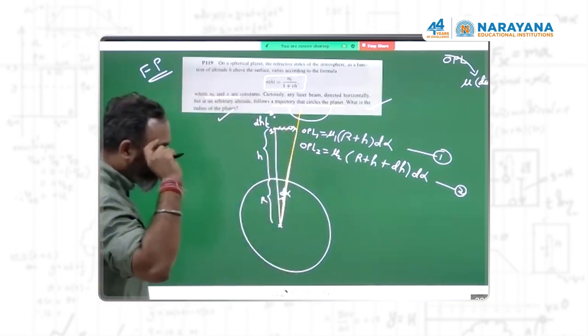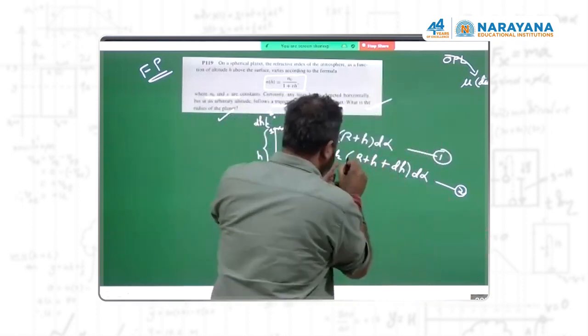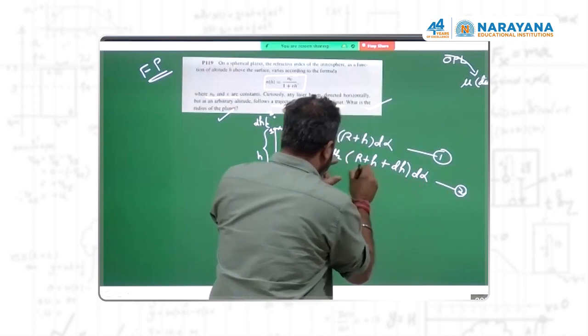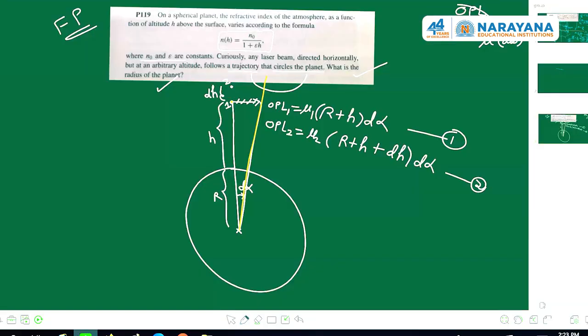So whatever they have traveled physically, I'm not just taking the physical or geometrical distance, I'm looking into the optical distance. Indirectly, I'm looking into the phase, or the time. Optical path length, phase, or time, it is one and the same. So I've written the optical path lengths for both of them.